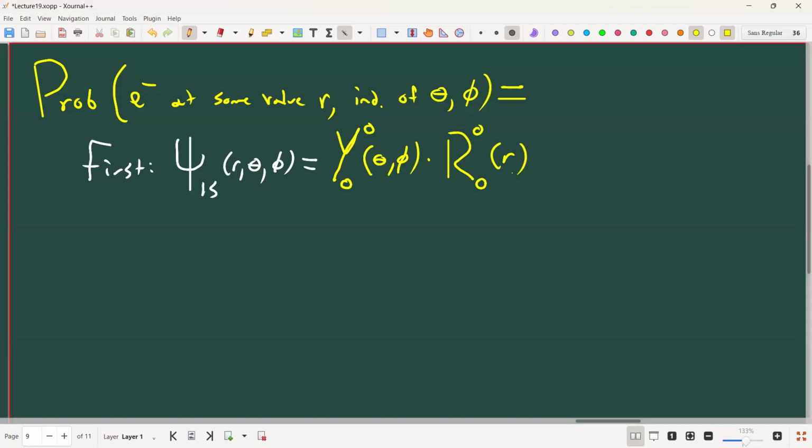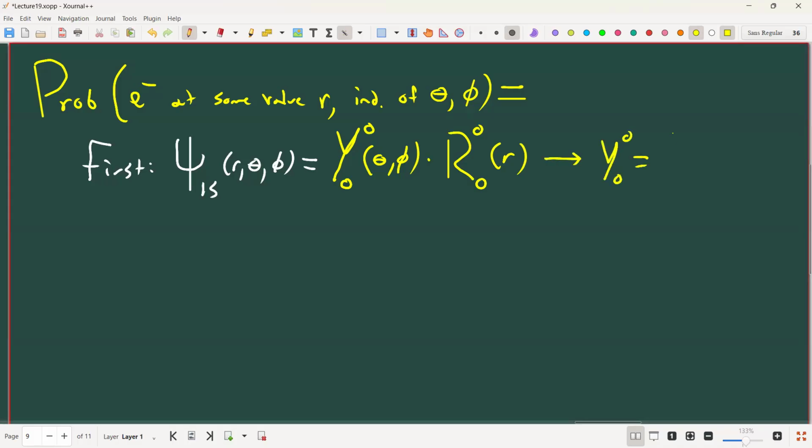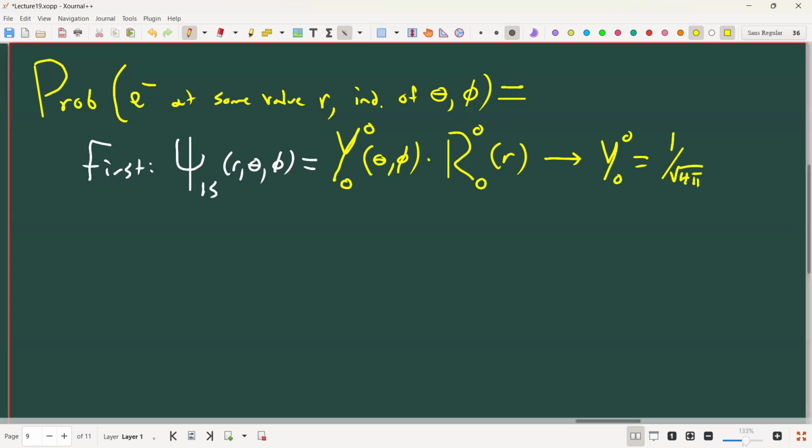If there's two functions now, we'll just split it into two like we always do. The function for Y 0,0 is just 1 over the square root of 4 pi, or it's just a number.